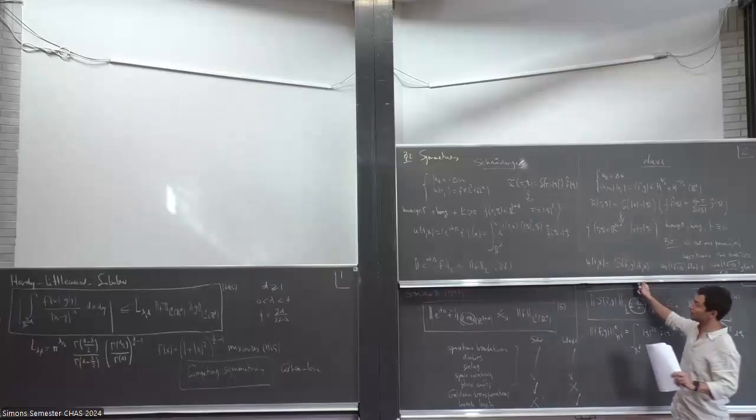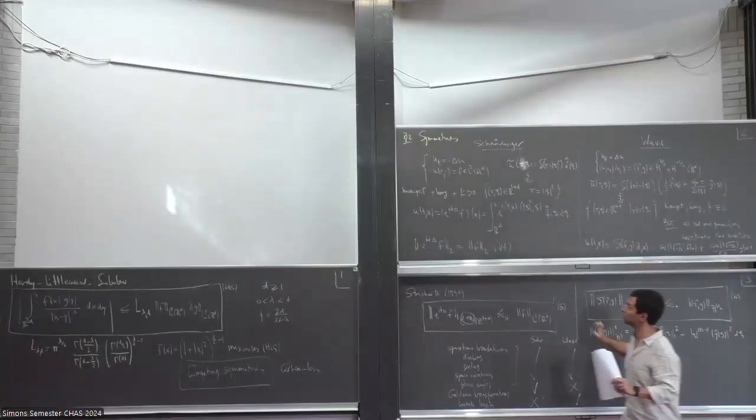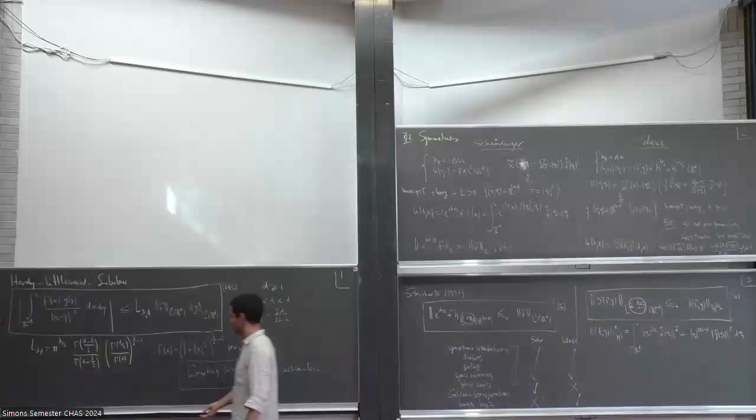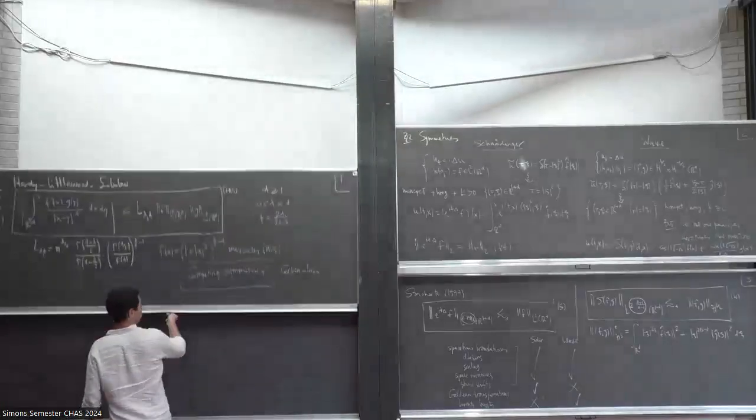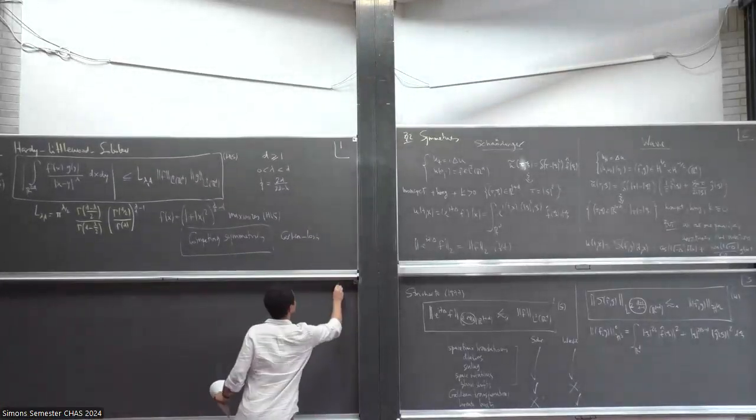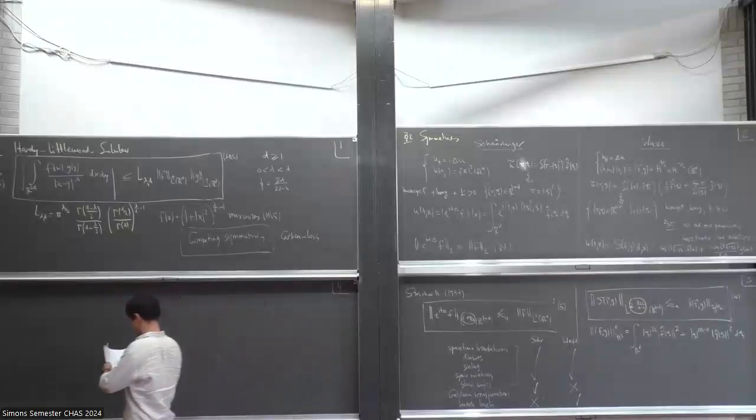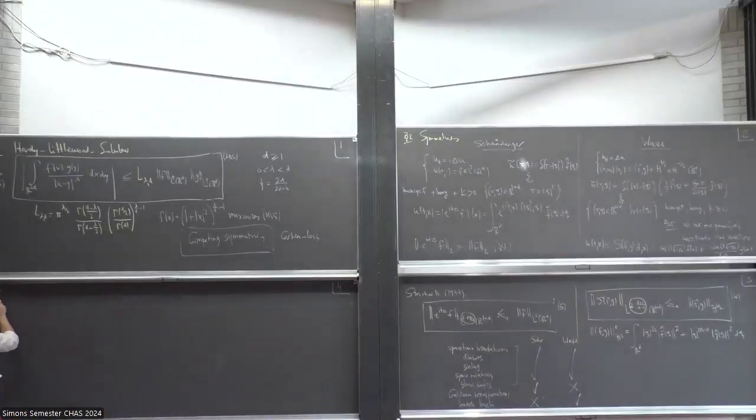Okay, so let's make this sharp. I still haven't talked about sharp Strichartz. So let's do it now. Section 3 is maximizers. Let's start with the left-hand side.